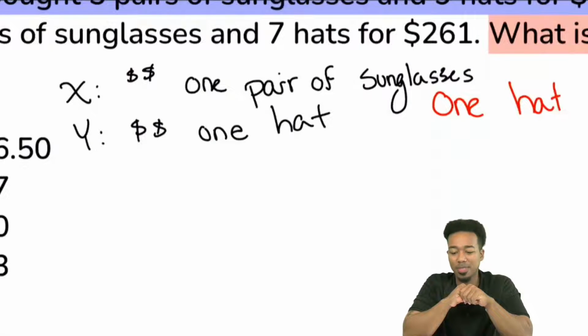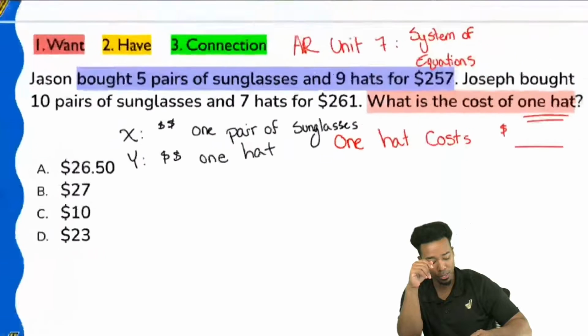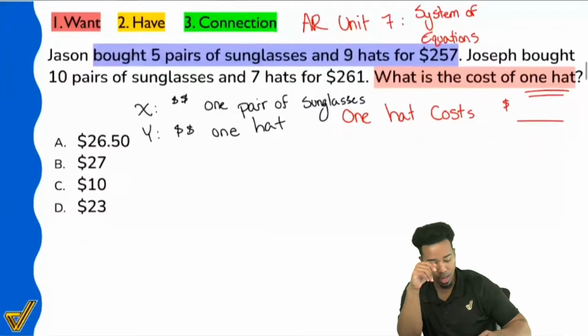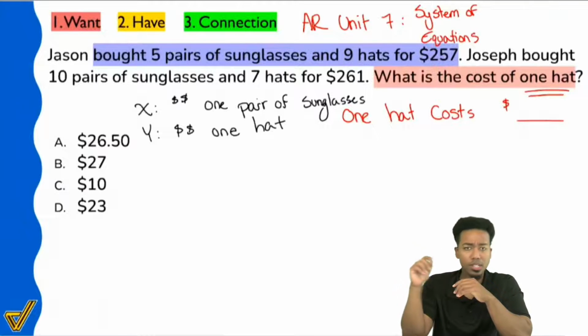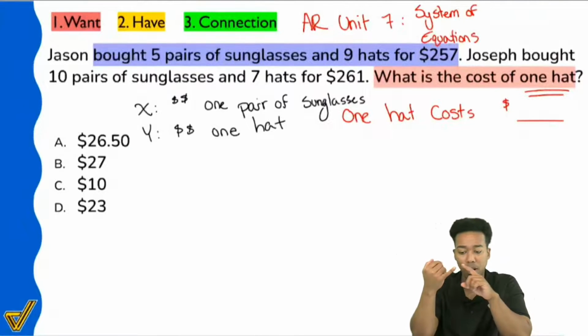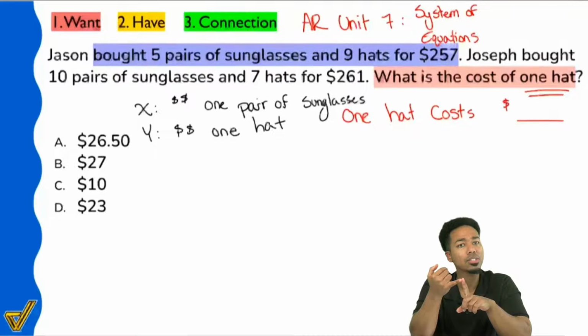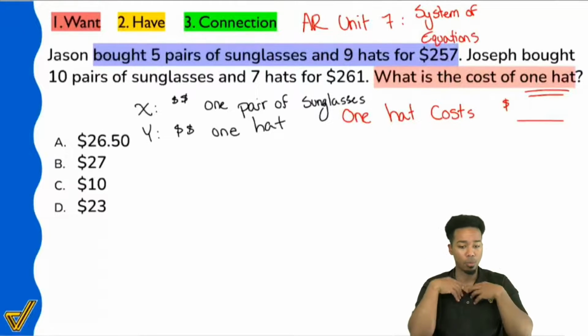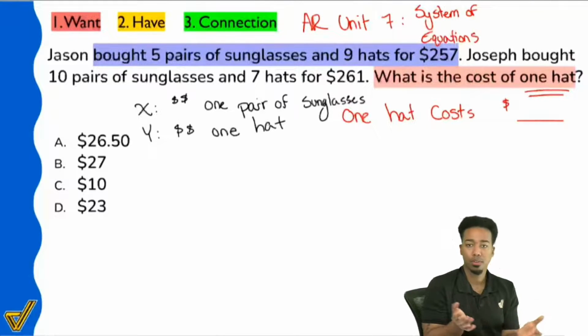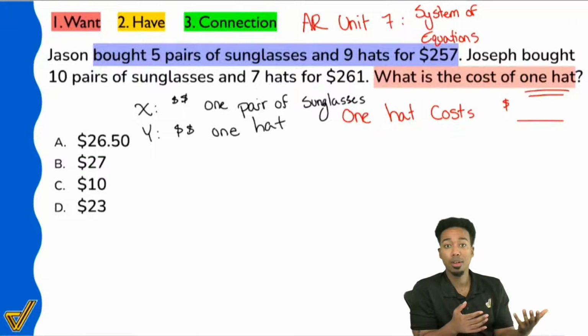Okay. So with that, here's what we're going to do. Read that first sentence, and think about this in real terms, in the real world. The first sentence in blue says we bought 5 pairs of sunglasses. Everyone, if one pair of sunglasses costs whatever, and we're buying 5 of them, will we not just do 5 times the cost of sunglasses?